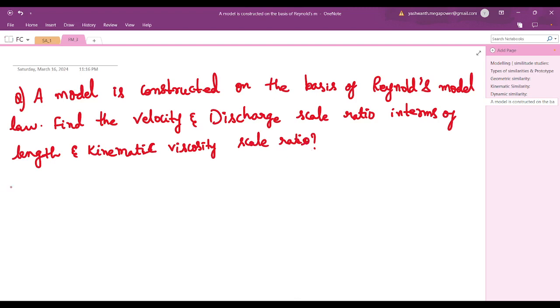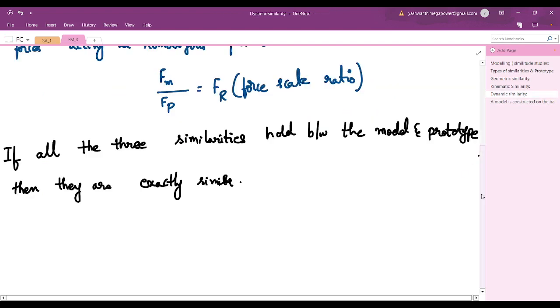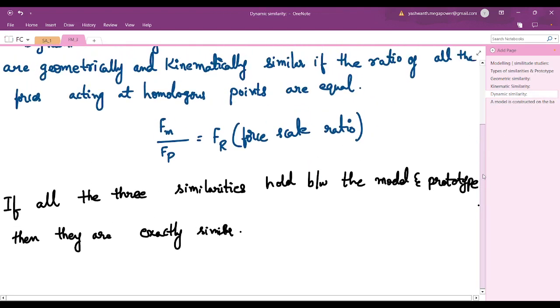Can you go to the other page for a second? I needed to finish writing. Previous page, right? This one, right here, similarities.